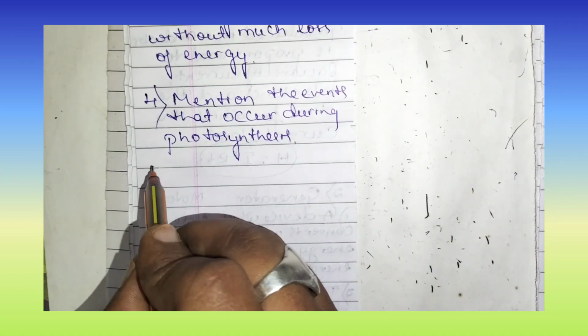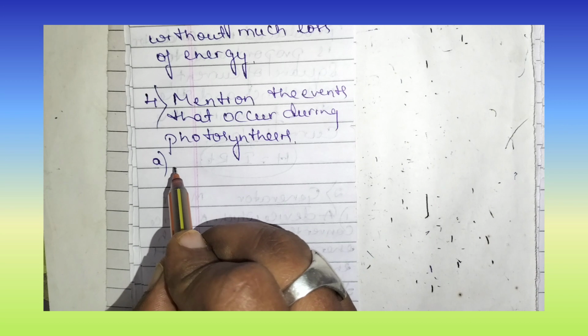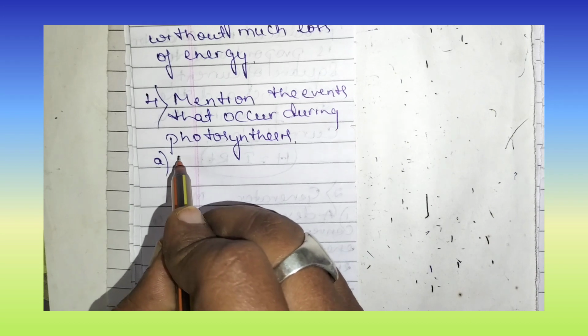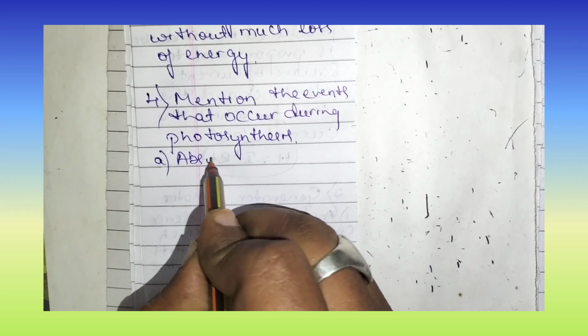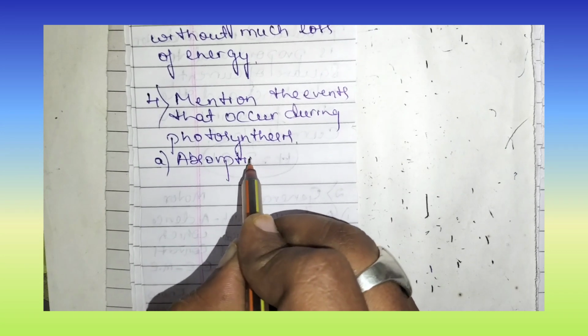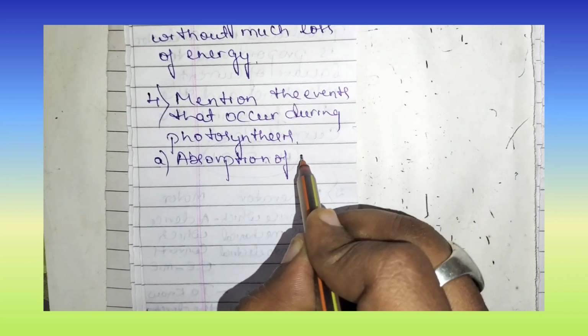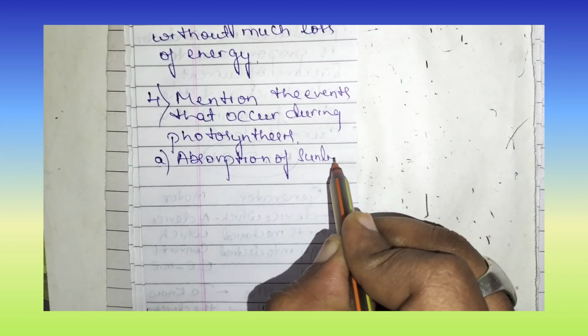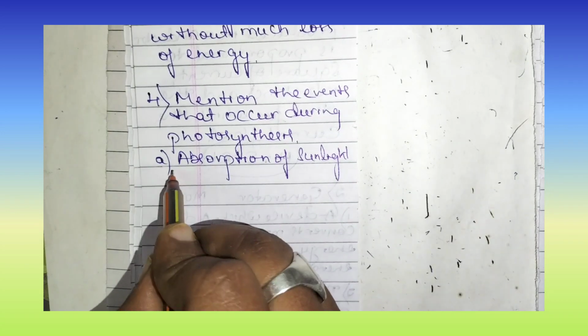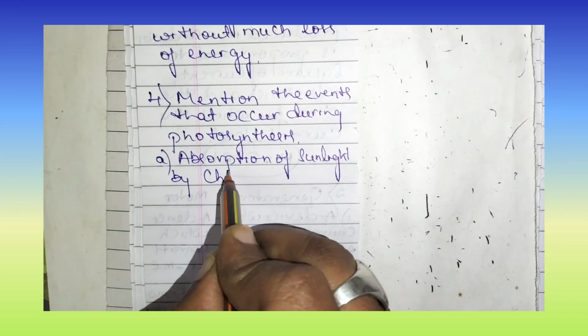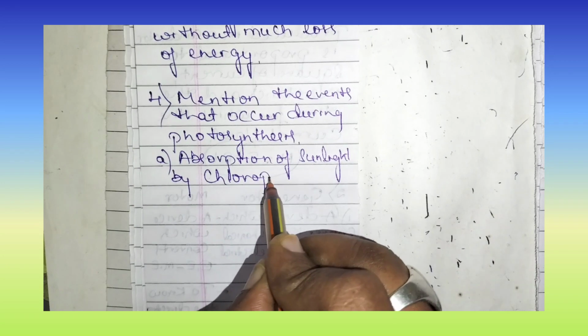So let us answer this question. Three events will occur. First, the absorption of sunlight by chlorophyll. This is the first event.